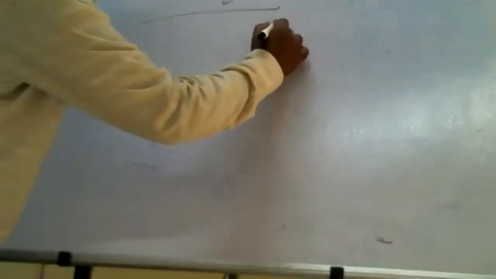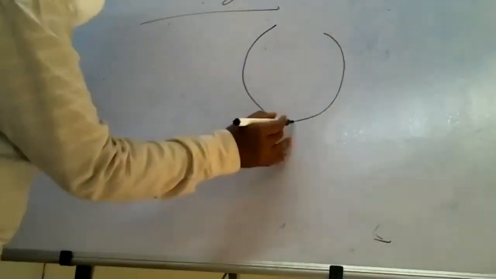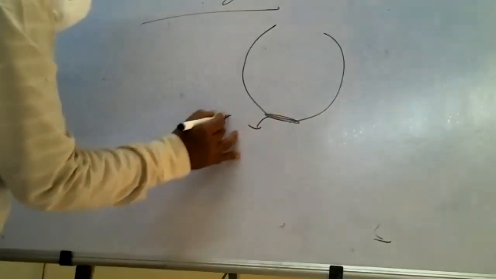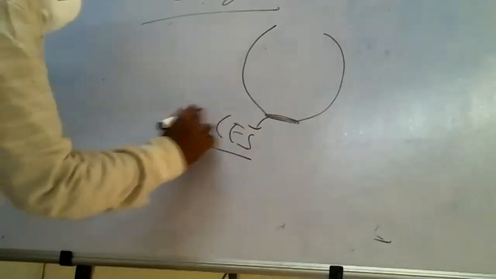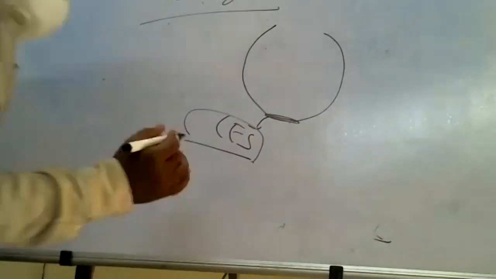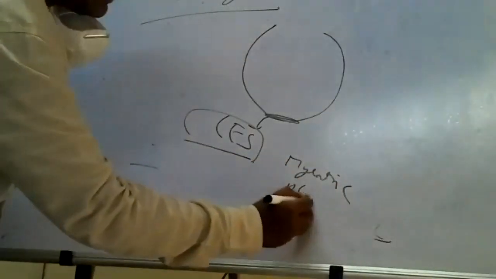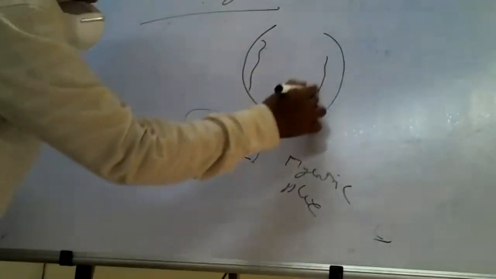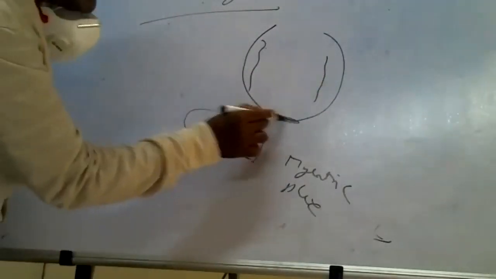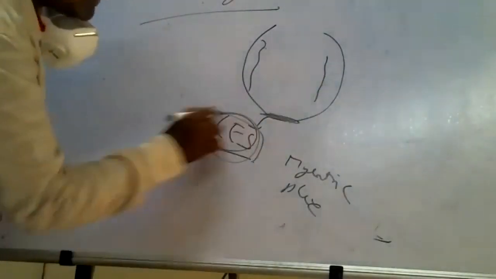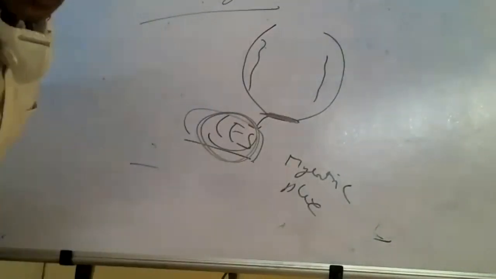So the esophagus will get dilated like this. This is the lower esophageal sphincter. Because of absence of the myenteric plexus, there won't be any peristaltic movement in the esophagus, and there won't be any relaxation of the lower esophageal sphincter. So what will happen?